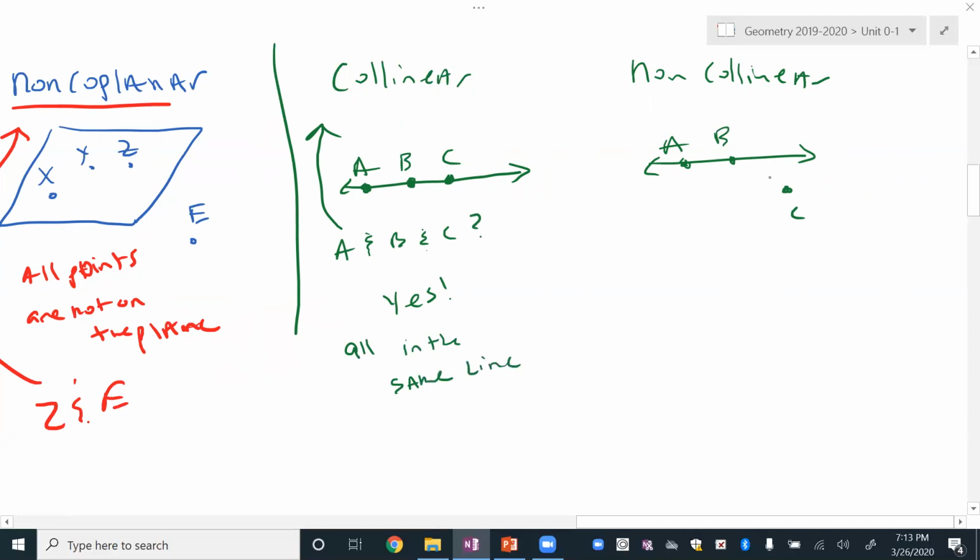But what about this one here? You see that kid in the lunch line, and he's your buddy, and then you see the other kid that wants to cut, right? That's the kid that you always see. He's considered non-collinear because he's not in the same line with you. So are A, B, and C collinear? No, because they're not on the same line.